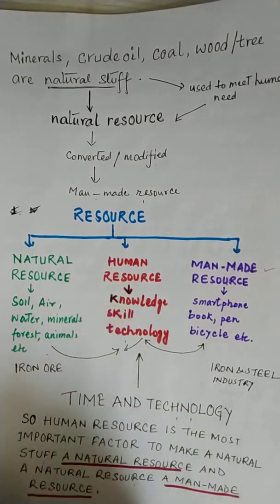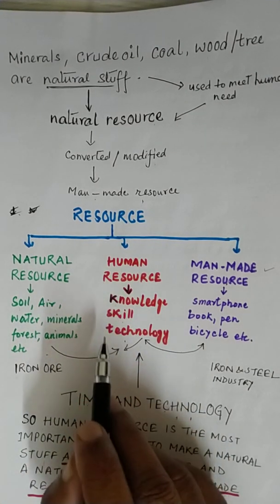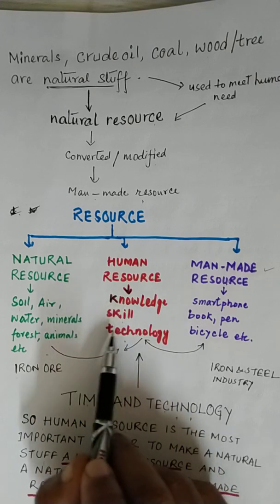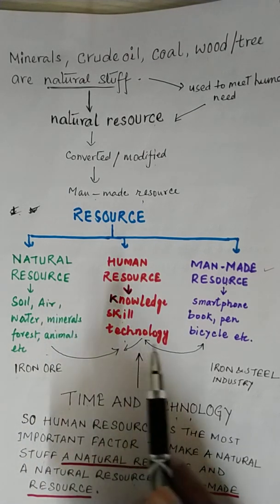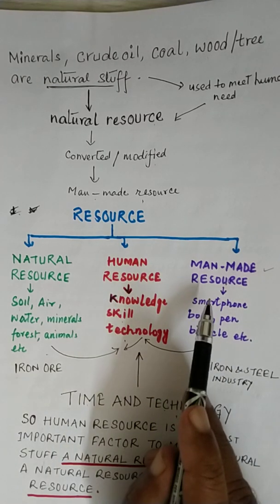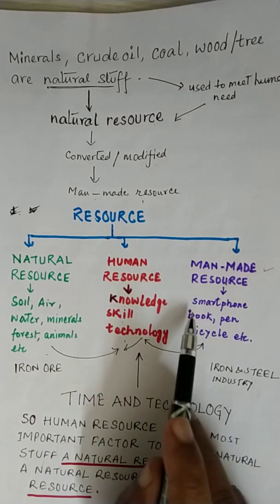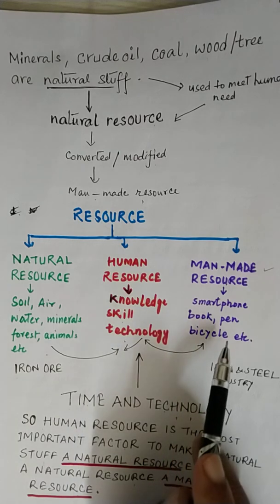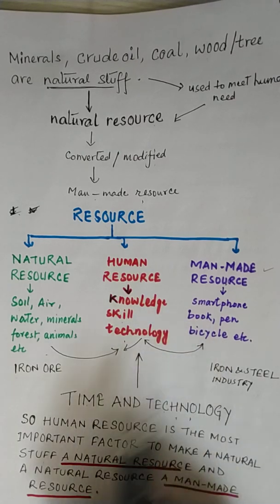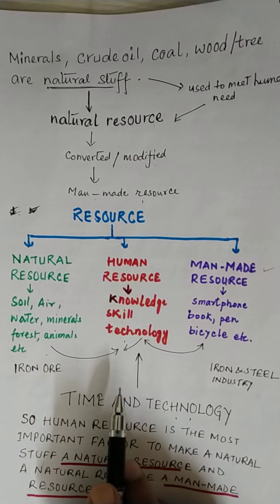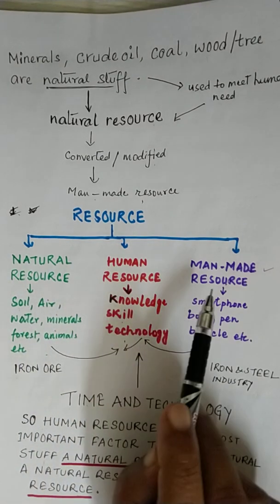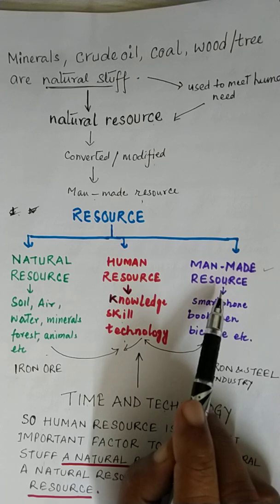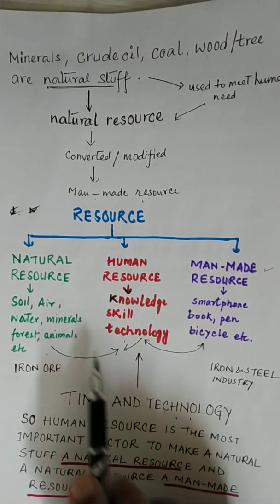Now, what is human resource? Human resource is a human with knowledge, skill and technology. Now, man-made resource, for example, a smartphone, book, pen, bicycle, etc. So now you can see here, natural resource, human resource and man-made resource together make our environment.